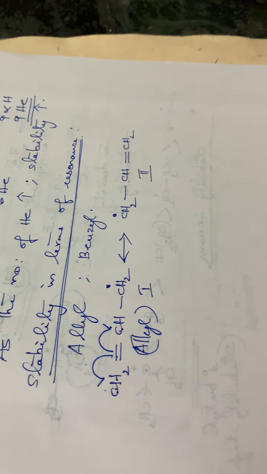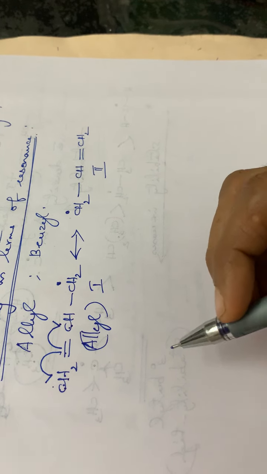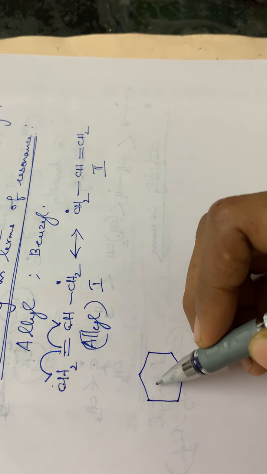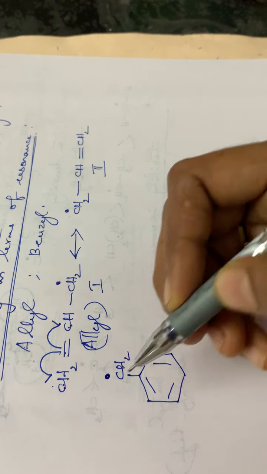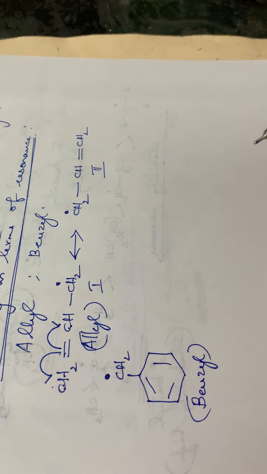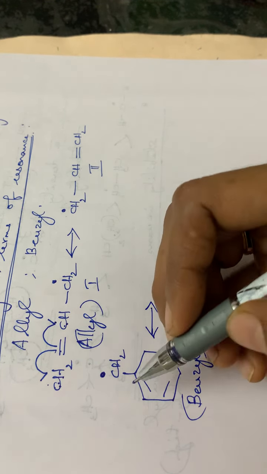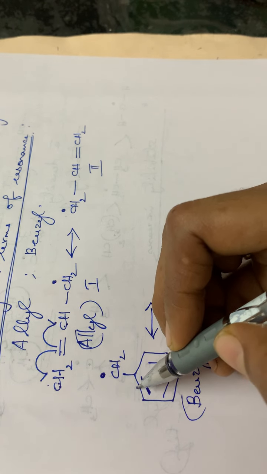Okay, next is the stability of benzyl free radical. Benzyl free radical, the formula is C6H5CH2. Benzyl free radical. So here what happens, first of all, this bond breaks and symmetrical distribution of electrons.